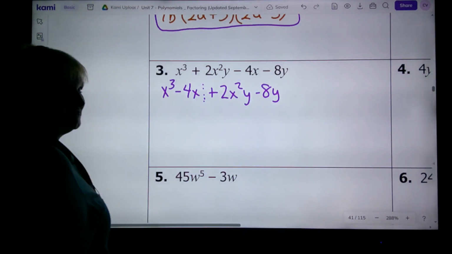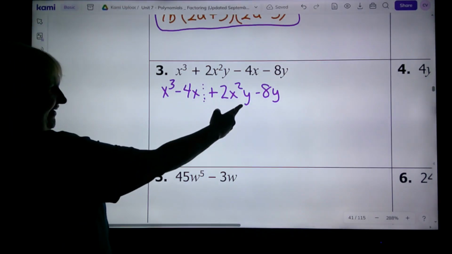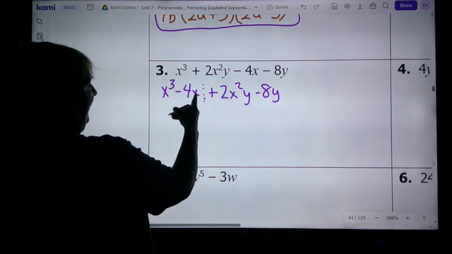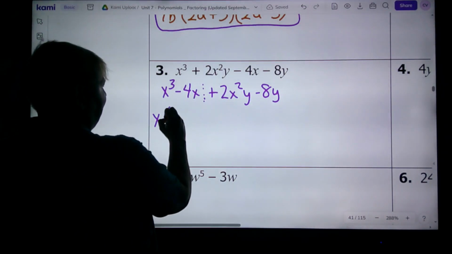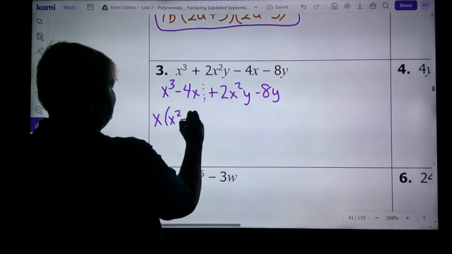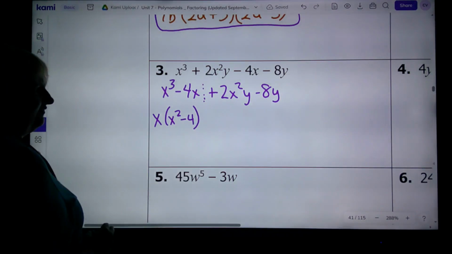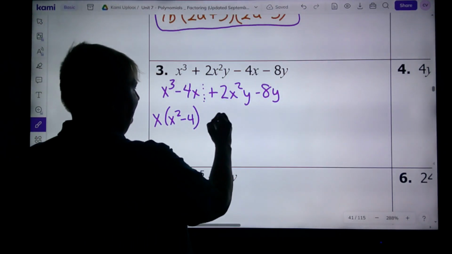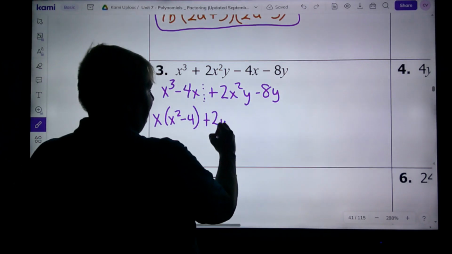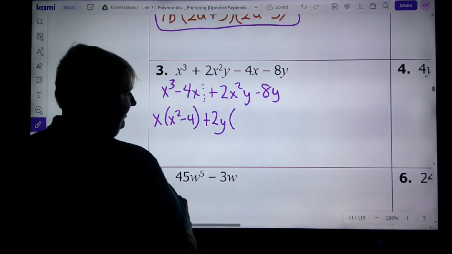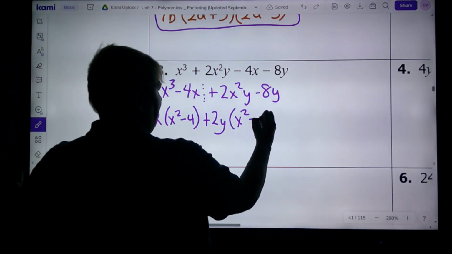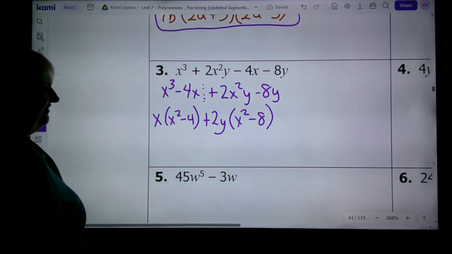Let's put the like terms together, x's and y's. Alright, I can factor an x out of here, and it leaves me with x squared minus 4. And I can factor a 2y out of here, and it leaves me with x squared minus 8.